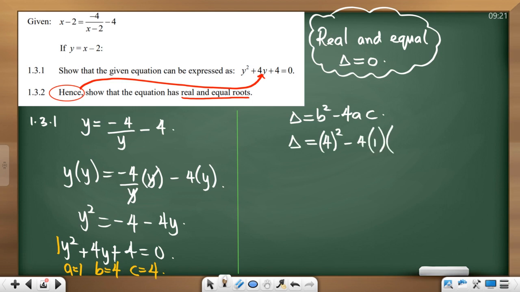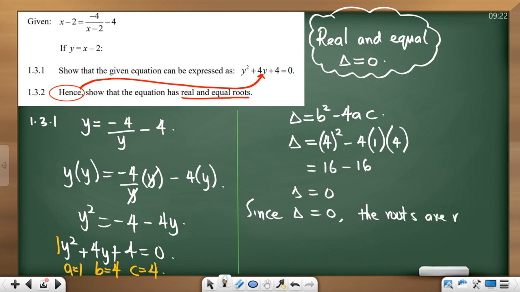What is my c? My c is 4. What do we have? 16 minus 16. Since that is equal to 0, it means the roots are real and equal.